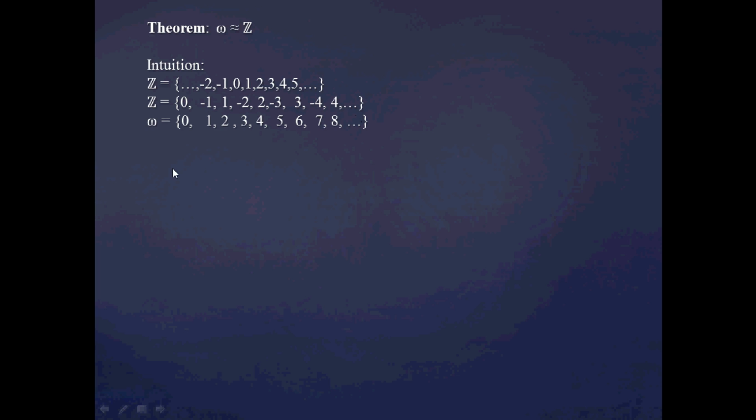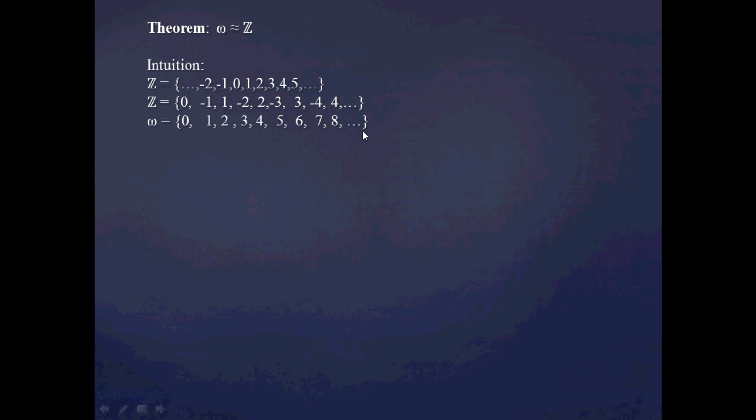And then what I'd like to do is map each of these integers to a corresponding natural number. You can sort of see I can do that already. I can map 0 to 0, 1 to -1, 2 to 1. Then I go 3 to -2, 4 to 2, 5 to -3, and so on.